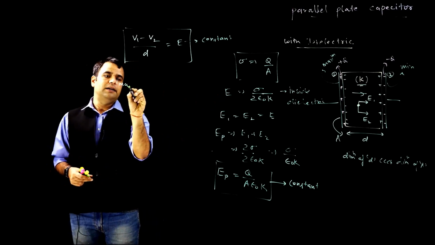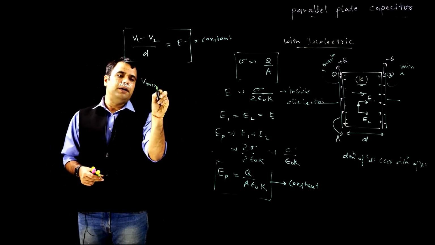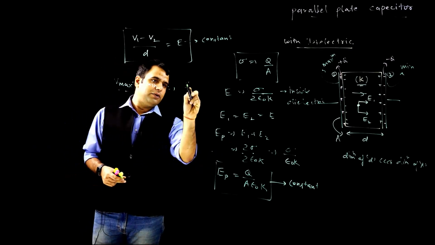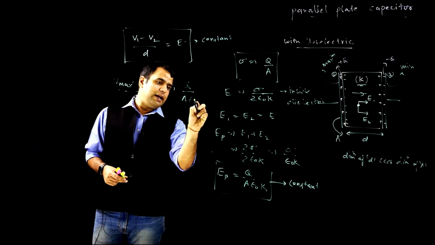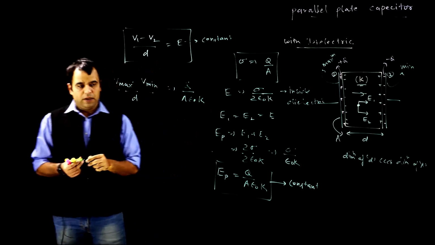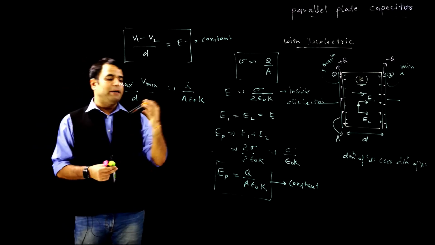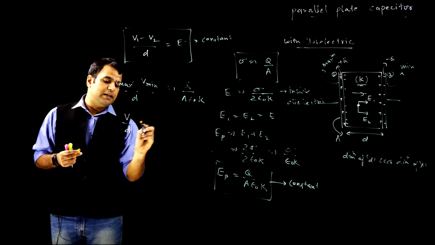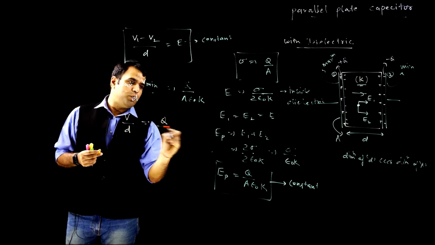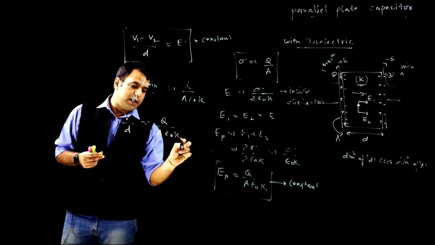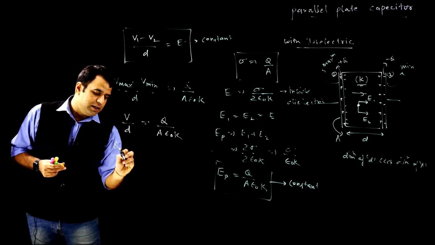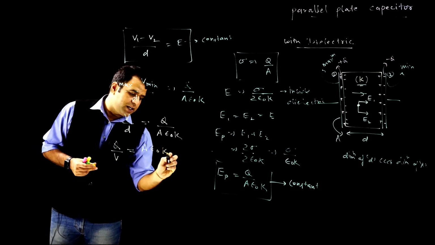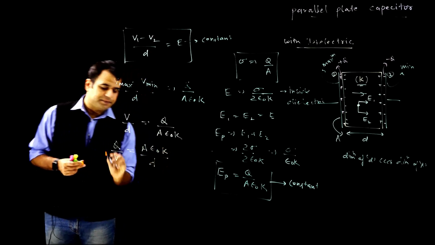V max minus V minimum divided by D is equal to E, which has the value Q upon A epsilon naught times K. And in case of capacitance, we combinedly write V max minus V minimum as V. So V upon D is equal to Q by A epsilon naught K. Upon rearranging, Q upon V will be equal to A epsilon naught K by D.